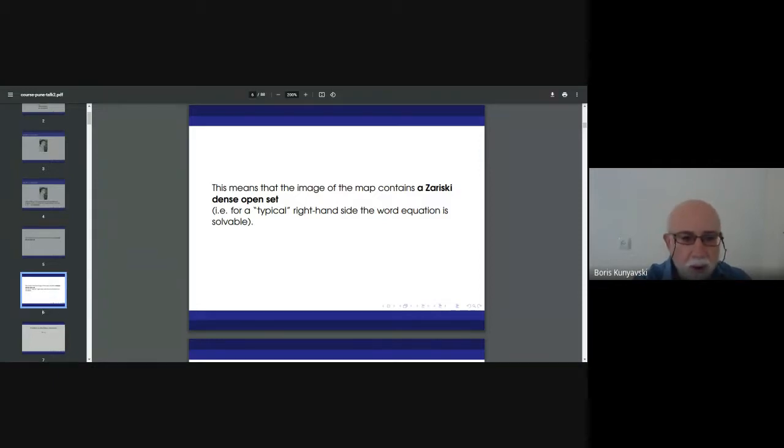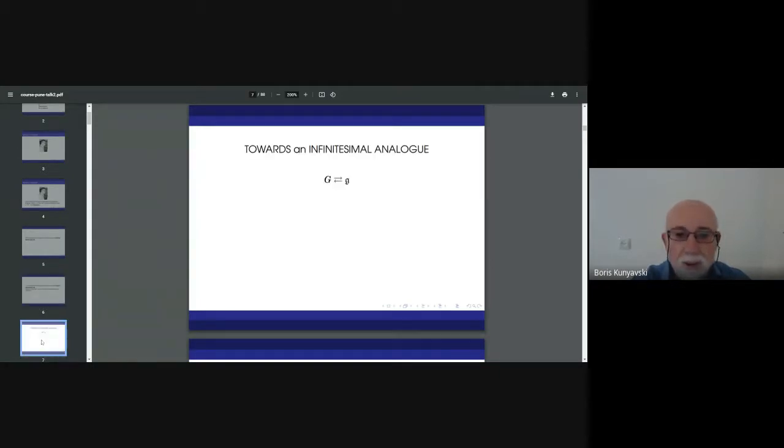And now we want to consider a counterpart of this theory on the third side of the bridge, so for Lie algebras. So we are going towards getting a sort of infinitesimal analog, and we want to compare two situations: what's going on for our algebraic group G with what's going on with its Lie algebra g.